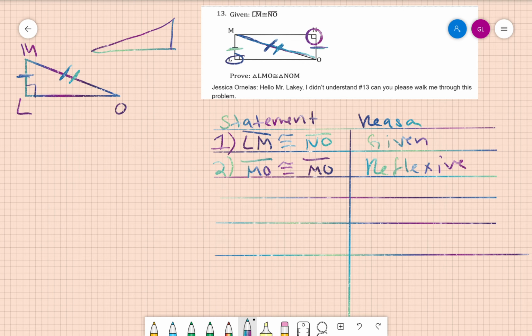This one didn't come out as cute as the other one. The other one came out really pretty. Oh, that's not what I want. I'll keep it there, whatever. I didn't even draw it right.